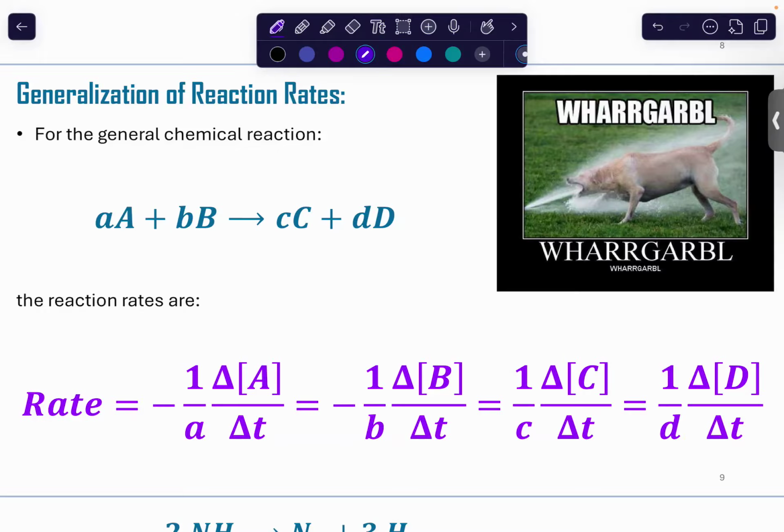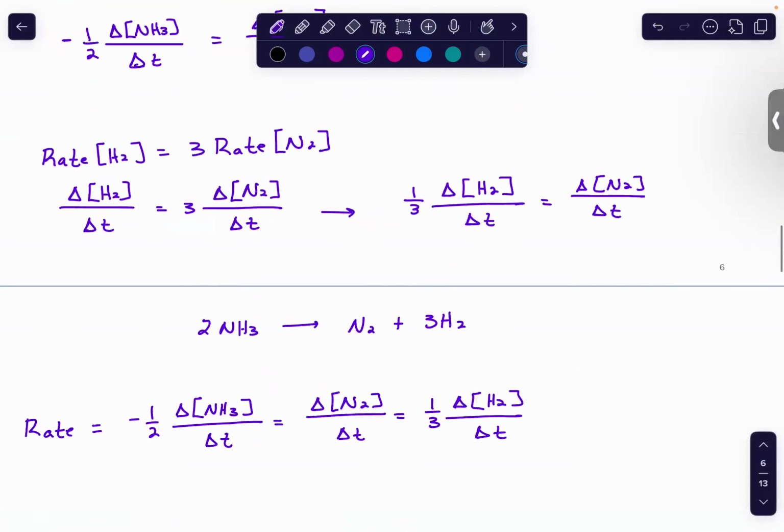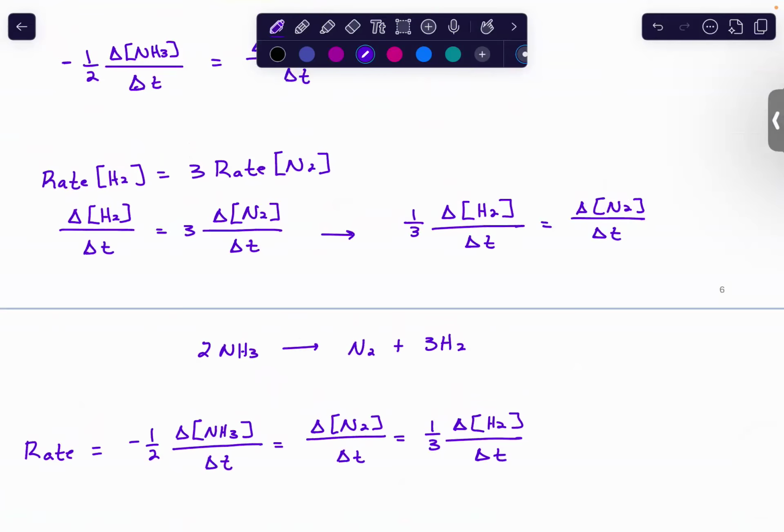Okay, we'll call it there for today. Ones on the left are negative, the reactants. Products are going to be positive. The negative sign goes on the compound that's being used. The positive sign goes on the compounds that are being made.